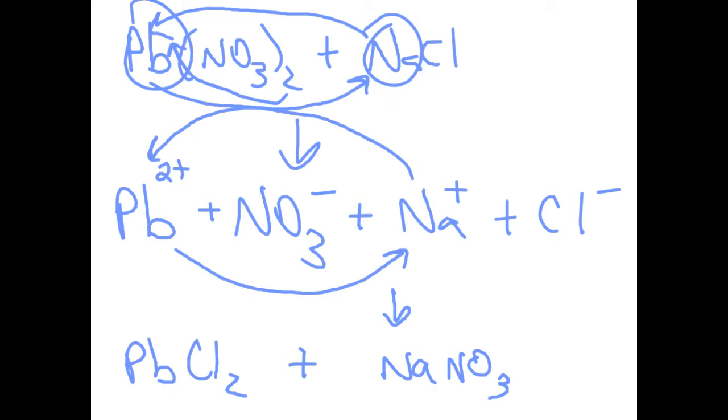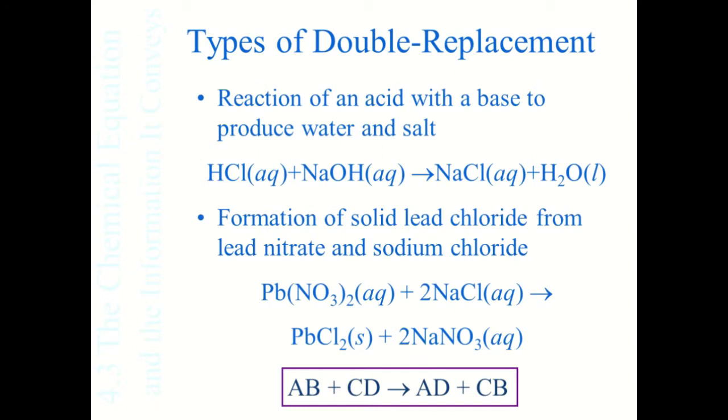Now the amounts of those I'm not writing here, because I could say I have 2 NO3s for every 1 lead and 1 sodium and 1 chlorine. Okay? But I didn't do that because it's not important to what we're doing here. So, lead chloride plus sodium nitrate, those are the products of this reaction. It's a double replacement reaction.